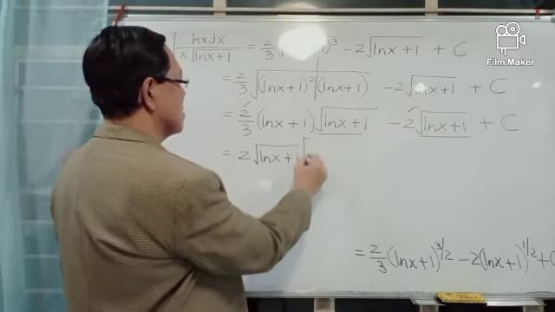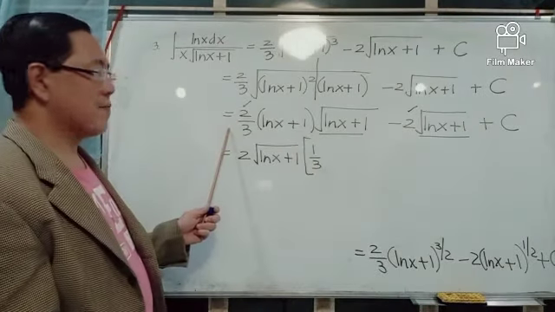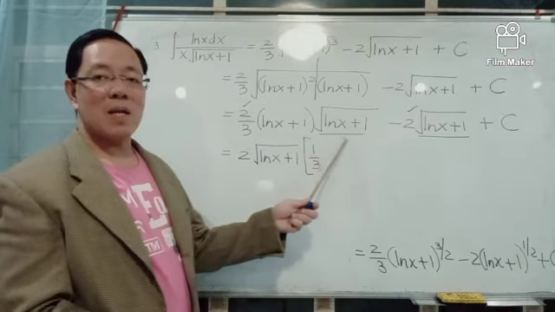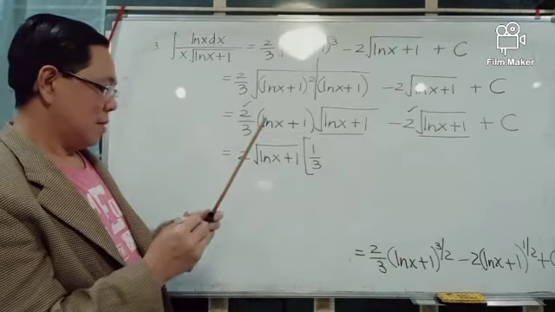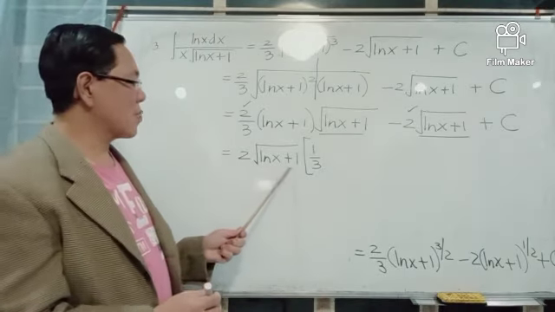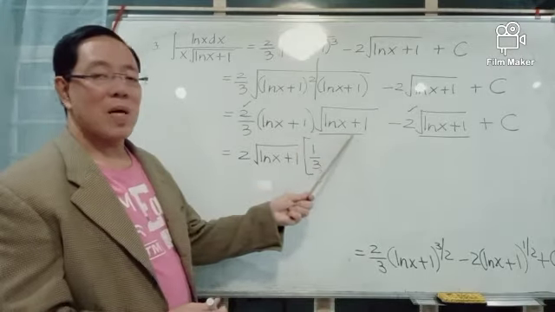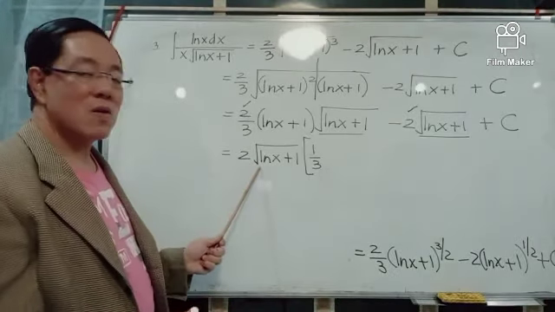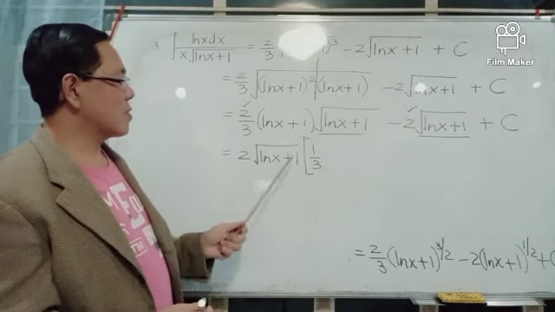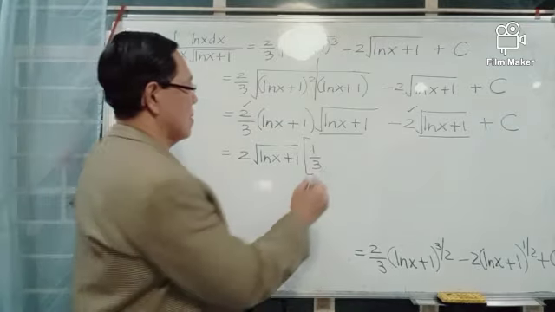Multiply by 1/3. The first term, 2/3 ln x plus 1 times square root of ln x plus 1, divide by 2 times square root of ln x plus 1. 2 will cancel out. And square root of ln x plus 1 over square root of ln x plus 1 is 1. So for the first term, we get 1/3 times ln x plus 1.